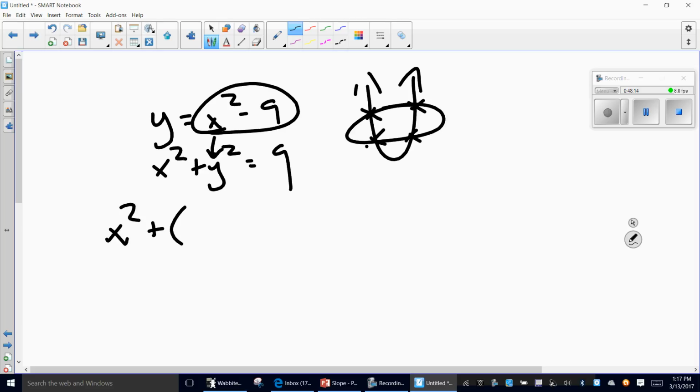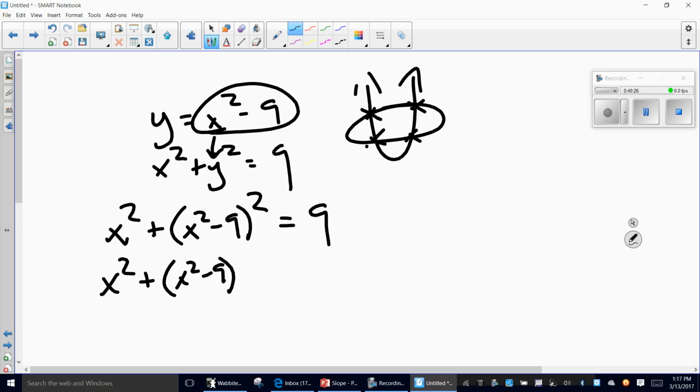So I'm going to have x squared plus x squared minus 9 squared equals 9. You got to write it twice, and you got to FOIL it. Okay, so x squared minus 9 times x squared minus 9 equals 9. No, you're only solving, that's just for one equation.